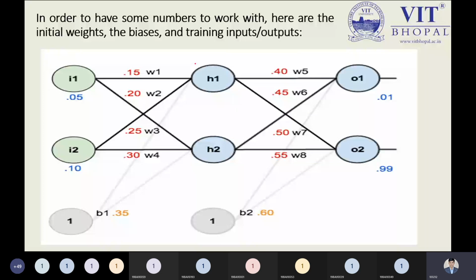Very frankly speaking, as I told you, any node in the neural network, of course not the input layer, I'm talking about the hidden layer and output layer, is divided into two parts. Because the input layer just has one value, that value multiplied by the weights is provided as the output of the input layer.